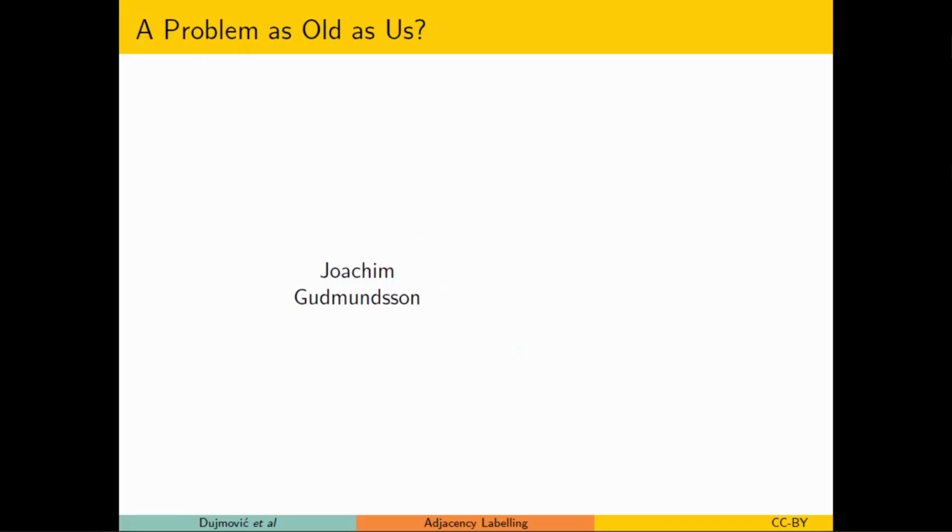So if you think back thousands of years, 2,000 years, if you imagine Joachim lived in a small village. In that small village, there's probably only one person named Joachim. So his first name is sufficient to identify him. So the question is, what's the point of his second name? Why does he need a second name?